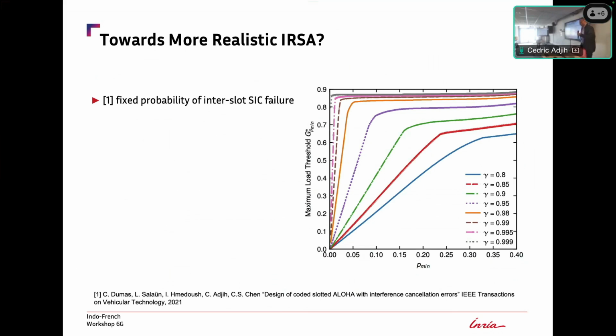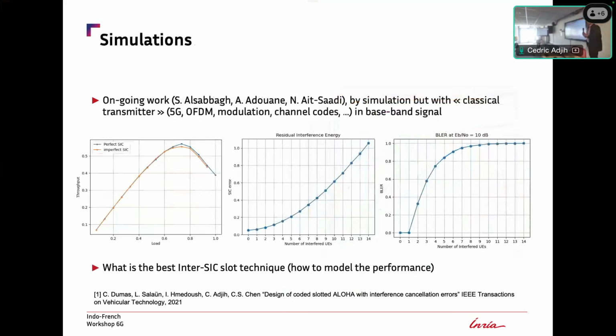There are some results, but that doesn't tell you the performance in reality. So currently there is some work, including with Said, in this room, to go back to this receiver-only approach and to try to at least evaluate it through simulation. We take normal tools and generate a signal based on 5G, with a 5G channel code, modulation, everything, OFDM of course, and we look at the performance.